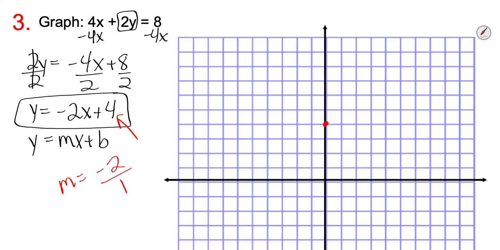So I want to go down 2 and right 1, okay? Down 2, right 1, down 2, right 1. And then you see my dots there. That's where I'm going to draw my line through, and I got my graph. And that is it. That's all we need to do, folks.